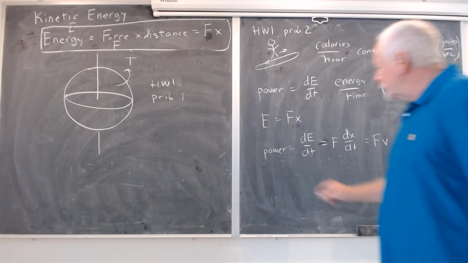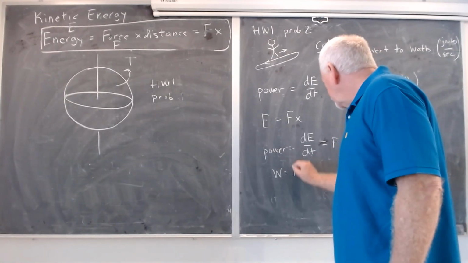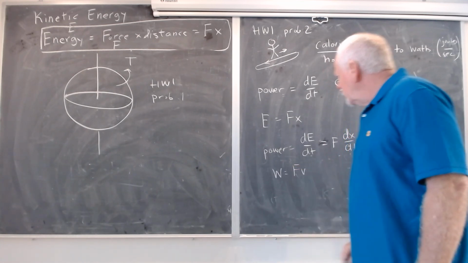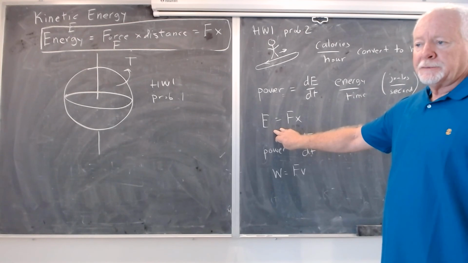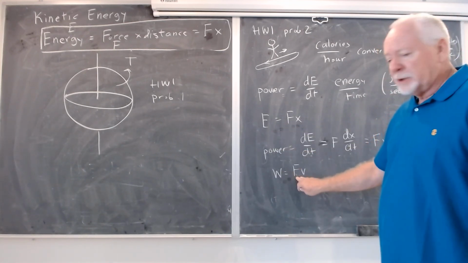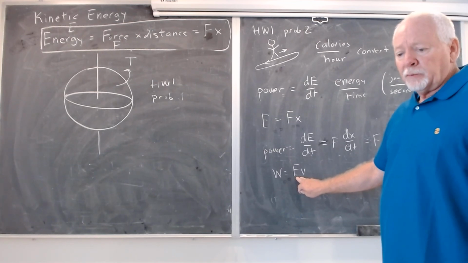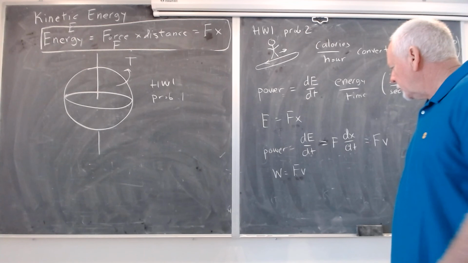I think I used power as W in the text. So this is our most fundamental equation: energy is force times distance. This is the corollary to that, which is power is force times velocity when force is constant. You have to realize that, taking the derivative.